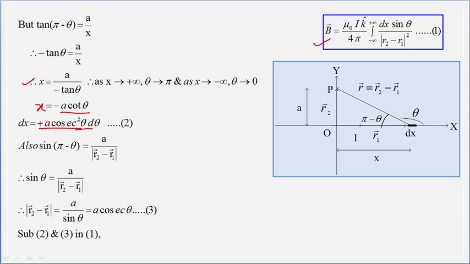So minus minus becomes plus. So dx by d theta is plus a cosec square theta, and dx equal to plus a cosec square theta d theta. So we have written this dx in terms of theta.